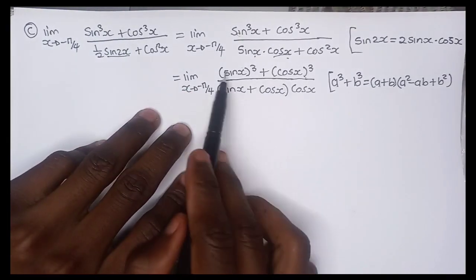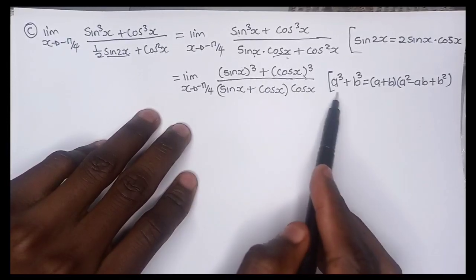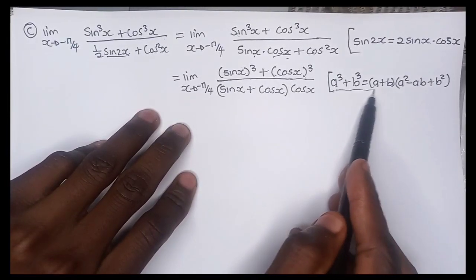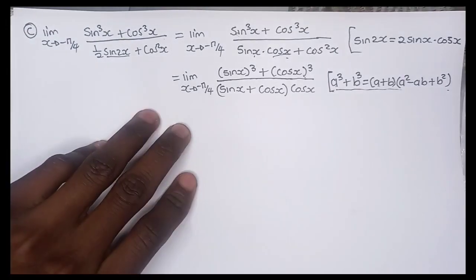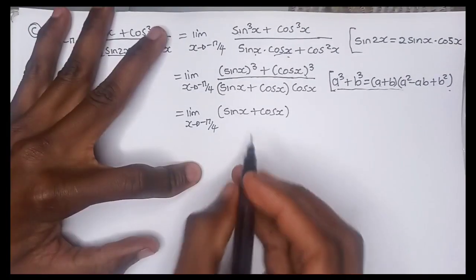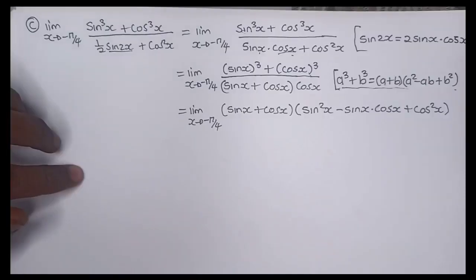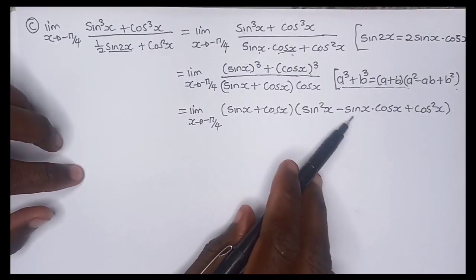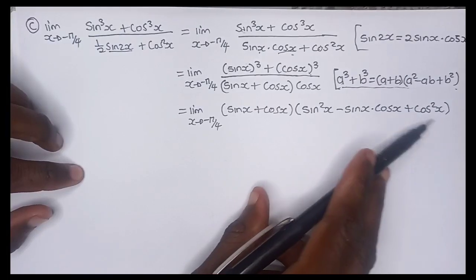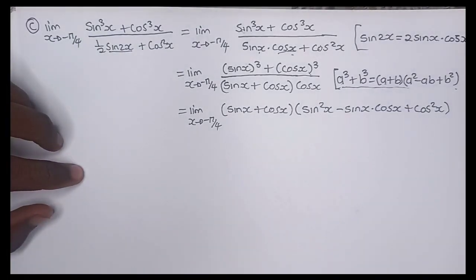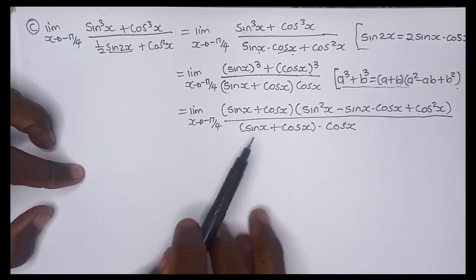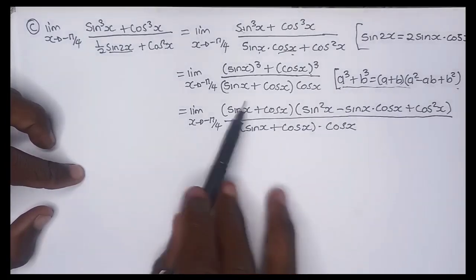If you factorize this expression, applying the property that I gave you now, you get sine x plus cos x multiplied by sine squared x minus sine x cos x plus cos squared x. And the denominator, you keep the same as it was.